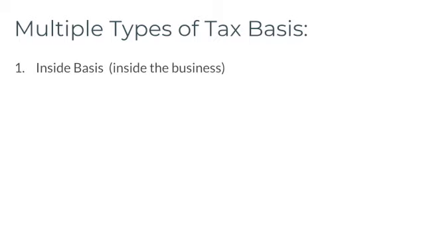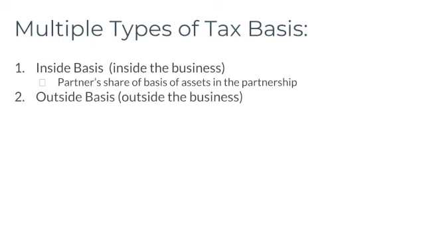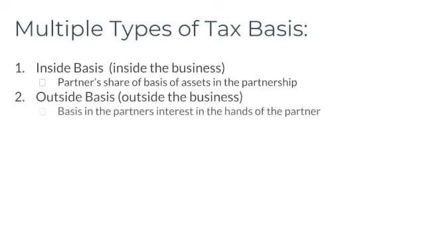So for a partnership business itself, they have an inside basis, which is the partner's share of basis of the assets in the partnership, and an outside basis, which is the basis in the partnership interest in the hands of the partner.